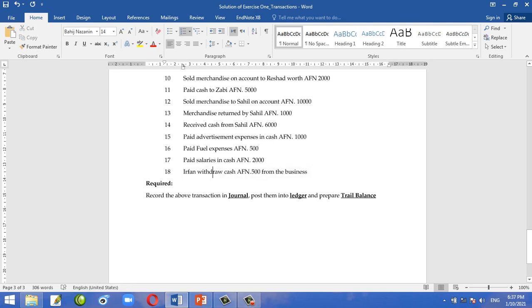There is a word by the name of withdraw, that is drawings. The nature of this one is drawings, but that one is an expense, not an expense for the organization. If you remember, I have illustrated this transaction, I think it was in the second lecture at the university.